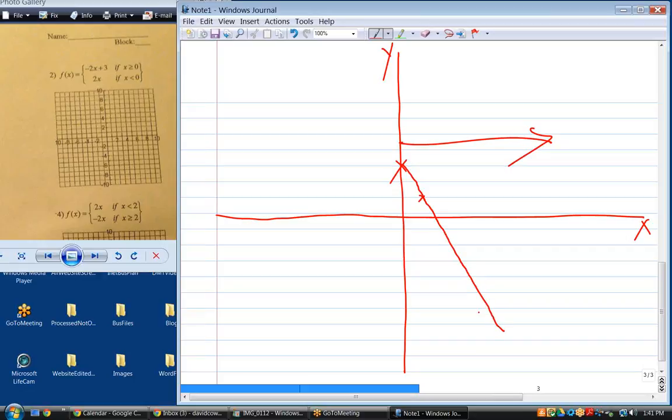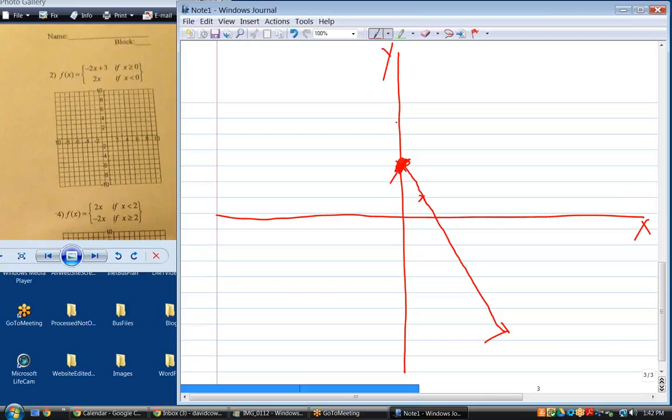And it goes anywhere x is greater than or equal to 0. So that's the line. And it starts with a closed dot because it's greater than or equal to 0. In other words, if x is 0, then it's equal to this function right here. It's not equal to this function.